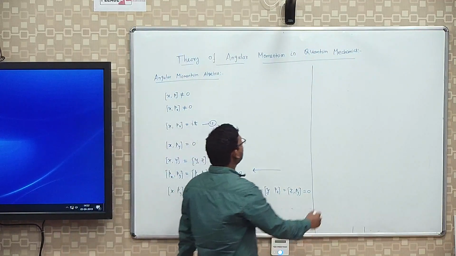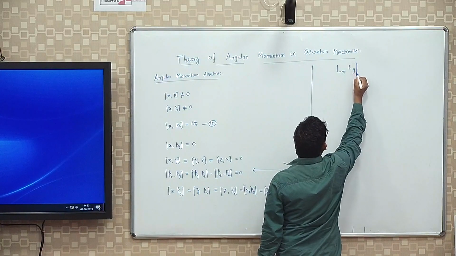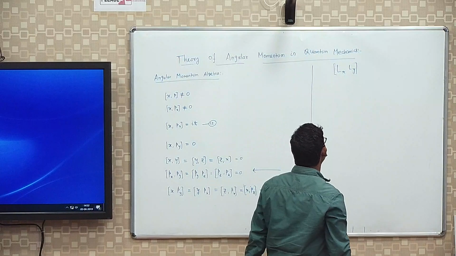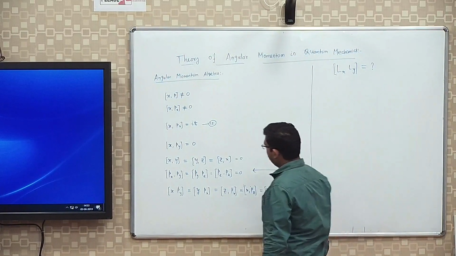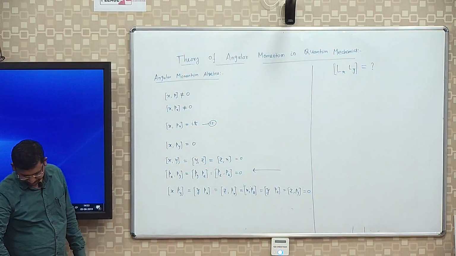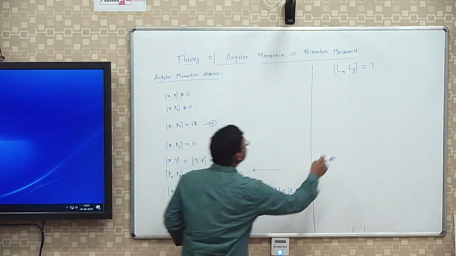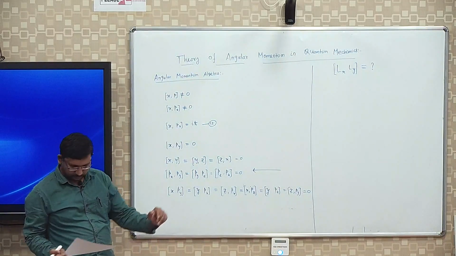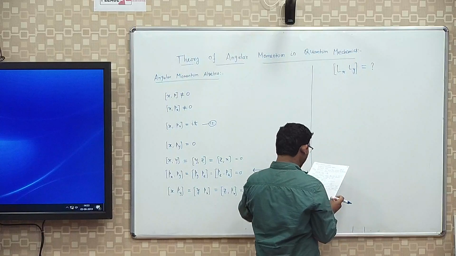Say for example Lx, Ly. If Lx commutes with Ly, what is the answer? As per this argument, we are expecting 0. However, let's calculate the commutation of Lx with Ly.